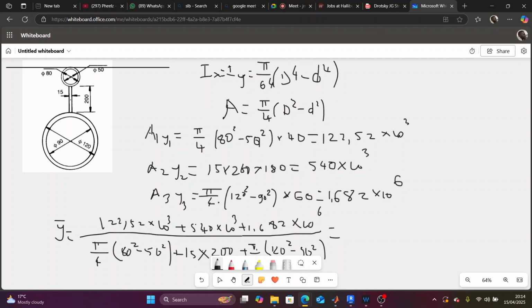Double check which one? The first, A1 times y1. Oh, times 4.